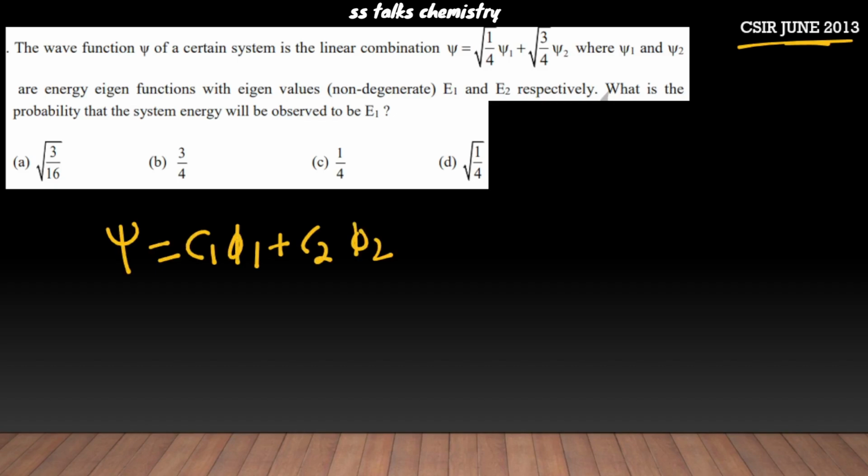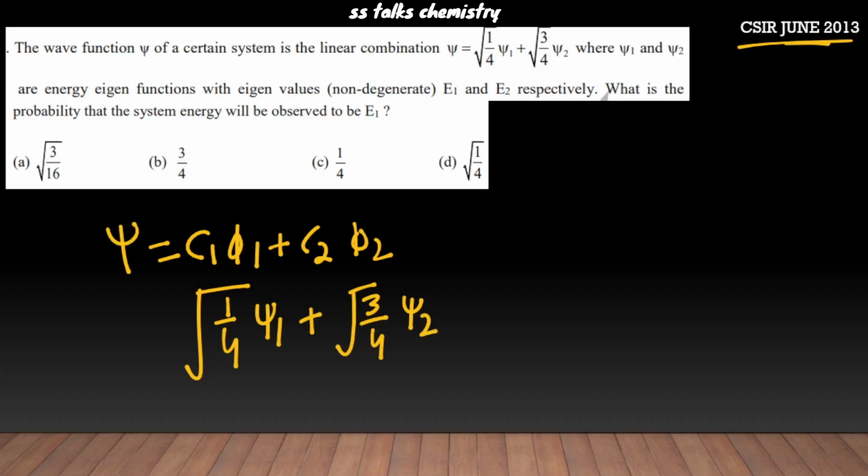Here we have been given 1 by 4 psi 1 plus root of 3 by 4 psi 2, where psi 1 and psi 2 are the energy eigenfunctions with the eigenvalues E1 and E2 respectively. That means corresponding to psi 1, the energy we will get is E1, and corresponding to psi 2, the energy will be E2.